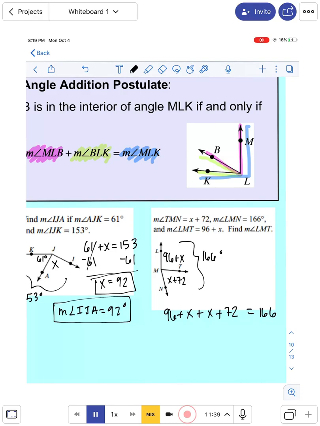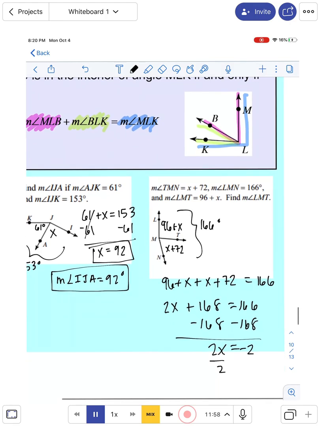All right, now we add our like terms. So x plus x, that's going to give me 2x. And 96 plus 72 is 168. Subtract 168 from both sides. And we get 2x equals negative 2. Divide by that 2, and x is negative 1.